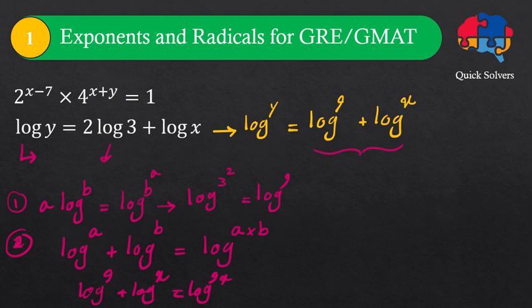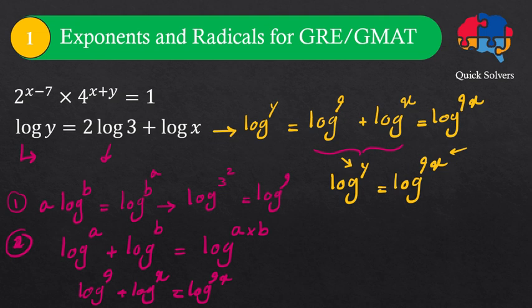So log of y equals log of 9 times x. Since there is no base here, we can assume the bases are the same, and this tells me that the expression here, which is y, equals the expression here, which is 9 times x. So I can conclude that y equals 9 times x.